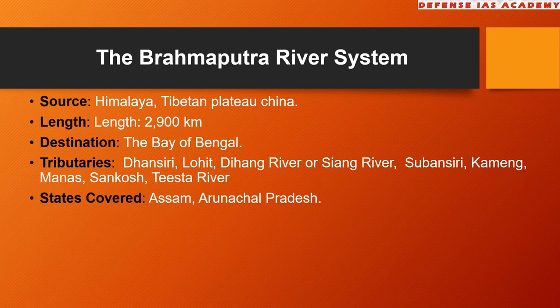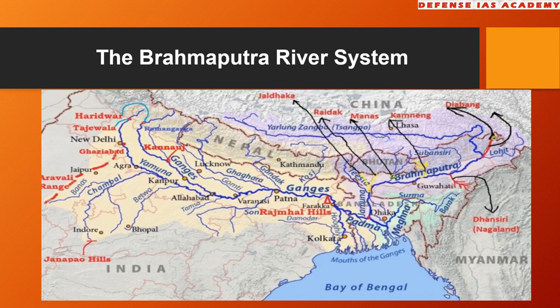The length given here is the length of the Brahmaputra river system in India. The major tributaries of the Brahmaputra river system are Dhansiri, Lohit, Dihang river, Subansiri, Kameng, Manas, Sankosh, and Teesta river, and the states covered are Assam and Arunachal Pradesh.